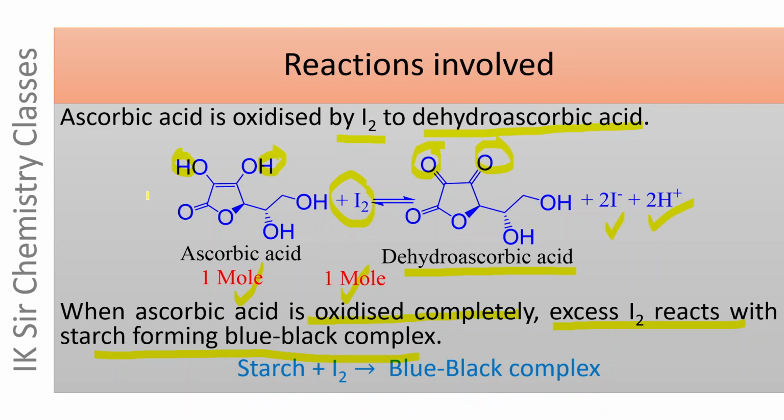When ascorbic acid is oxidized completely, the addition of one more drop of iodine to the reaction mixture leads to production of blue-black coloration due to formation of a complex compound between starch and iodine. It is an inclusion complex.